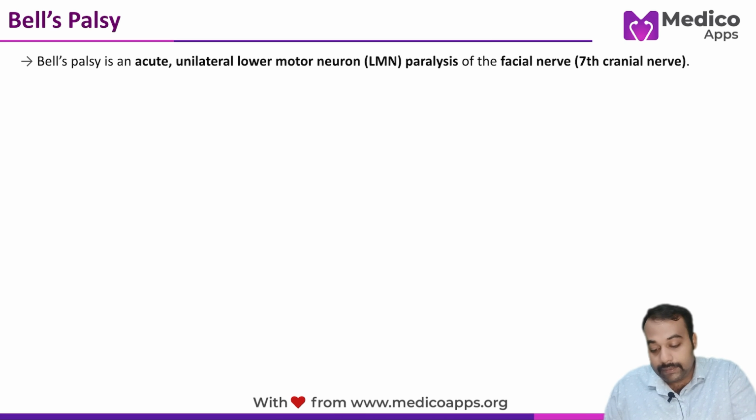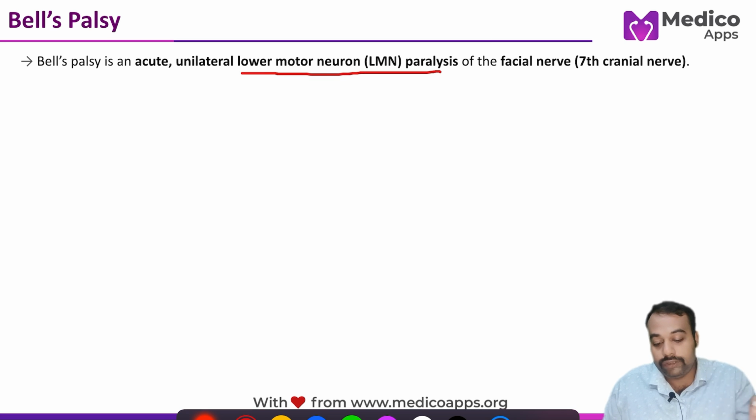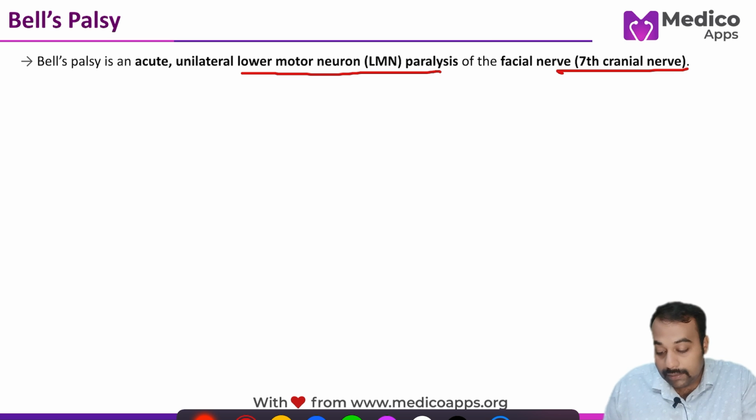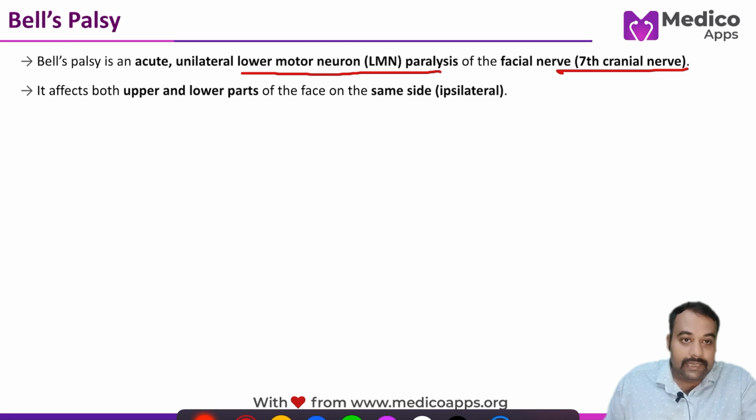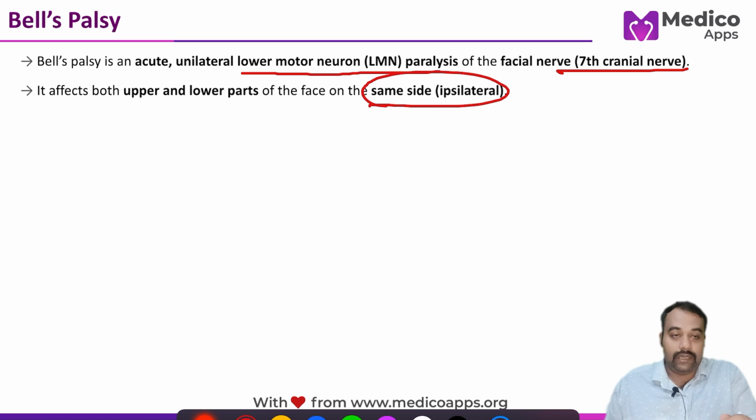As a result of Bell's palsy, it will affect both the upper part of the face as well as the lower part of the face, and that will typically be ipsilateral, meaning the same side. So you are able to appreciate that the upper and the lower part of the face are being affected on the same side.